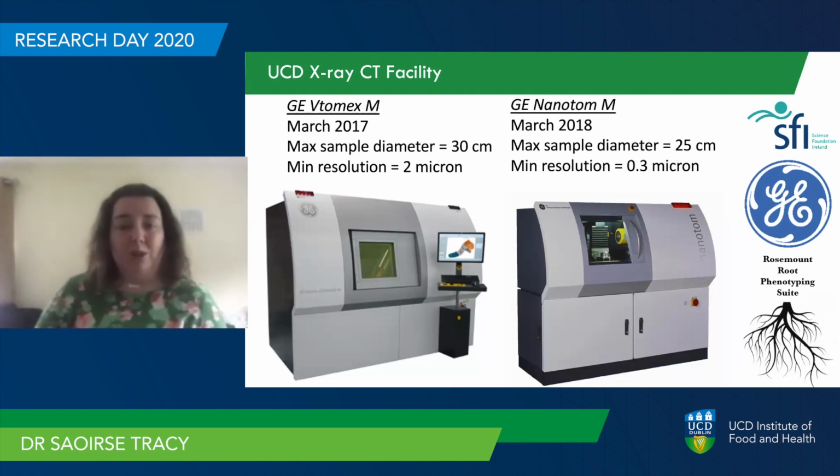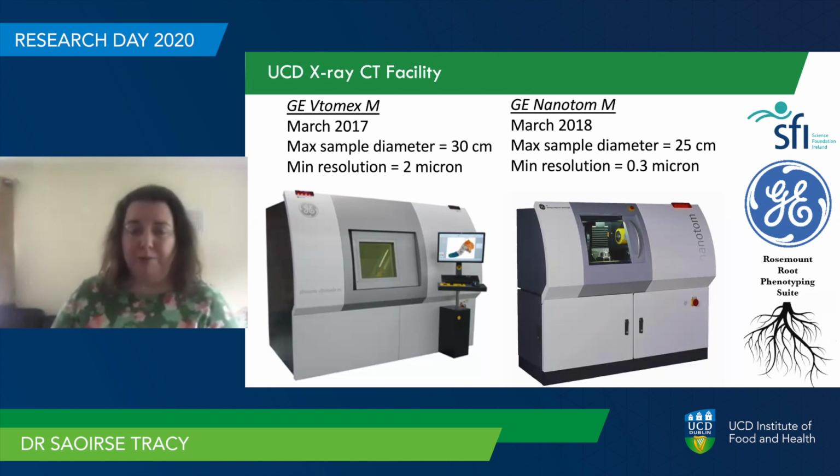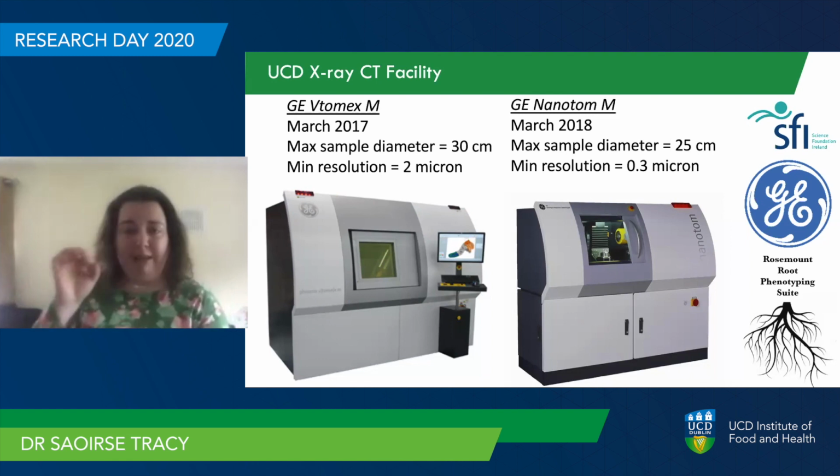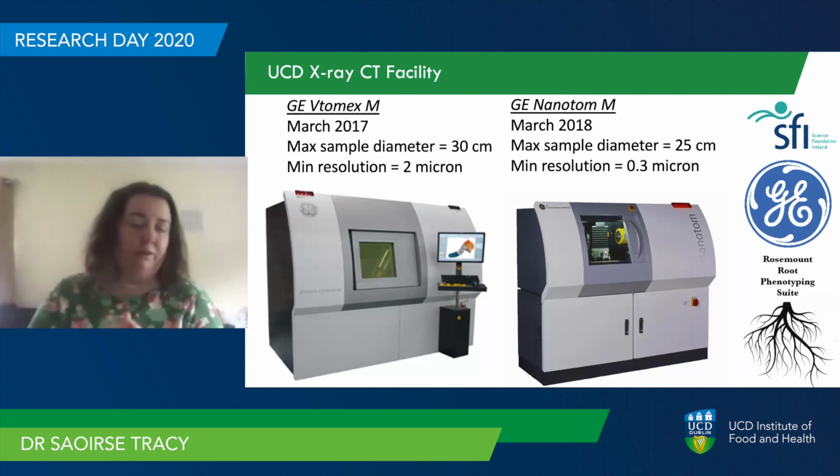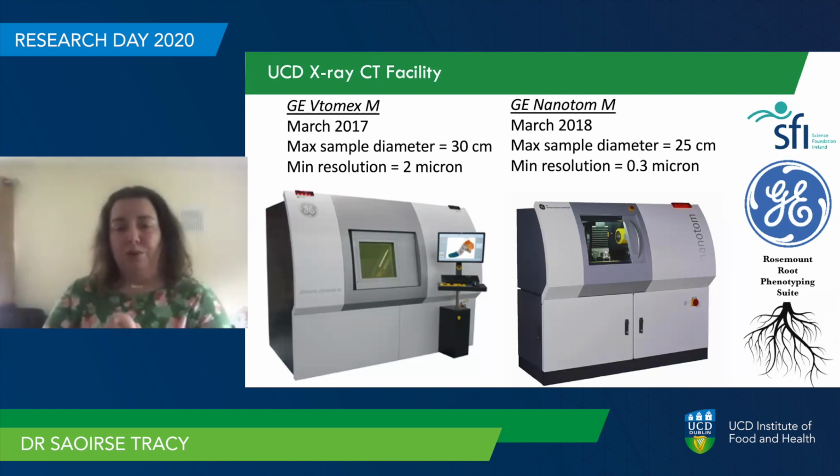But we also have the Nanotom M, which is one of the highest resolution scanners available globally. Theoretically, it can get down to 0.3 of a micron, but then we're talking really, really small samples like a sand grain or a tiny piece of eggshell. So this is the scanner we use for the really high resolution where we've got small samples, but we want to get really good detail.